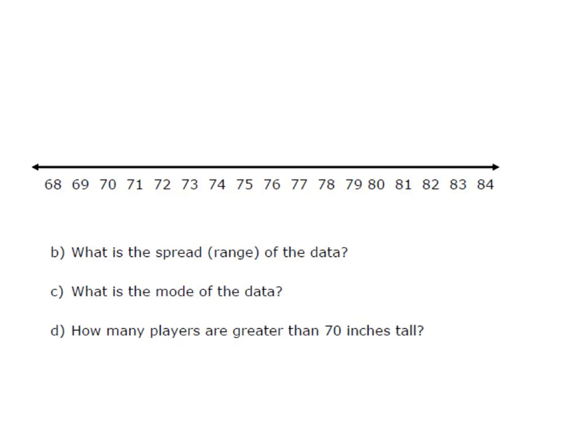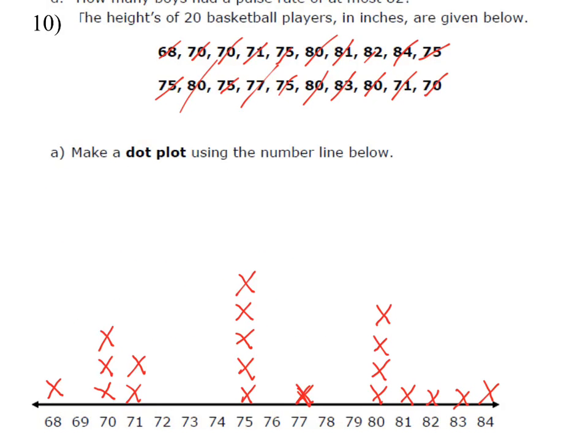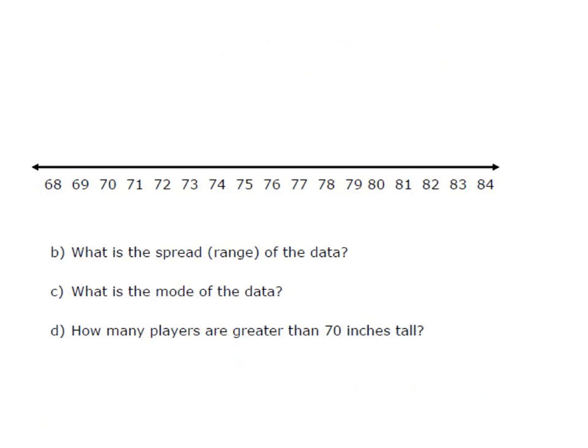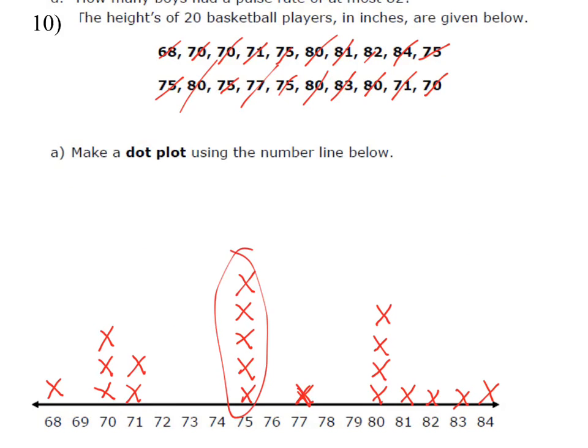And we're going to tell you what's the spread or the range of the data. Well, it goes from 84 to 69. So if you did 84 minus 69, that's going to give you 15. What's the mode of the data? Well, that's the tallest stack here, which is 75.